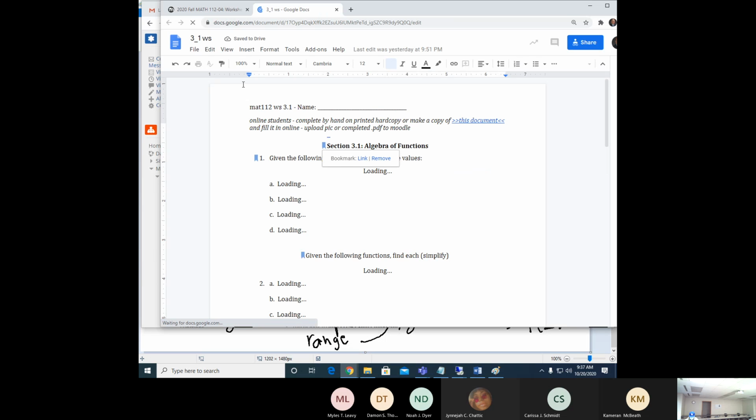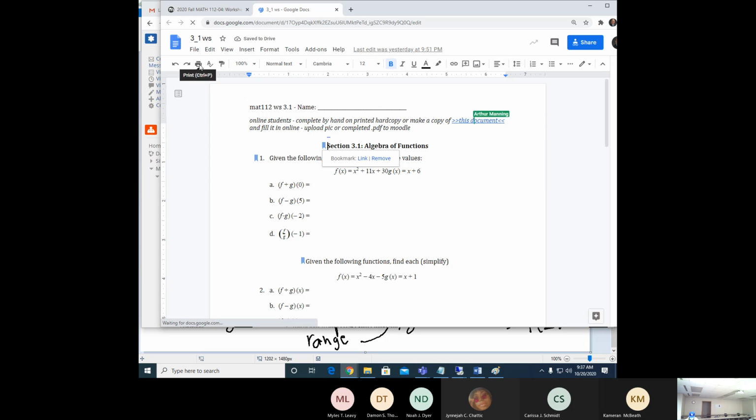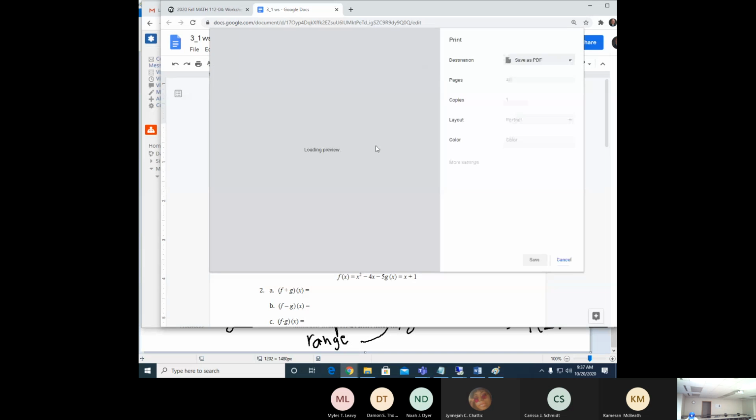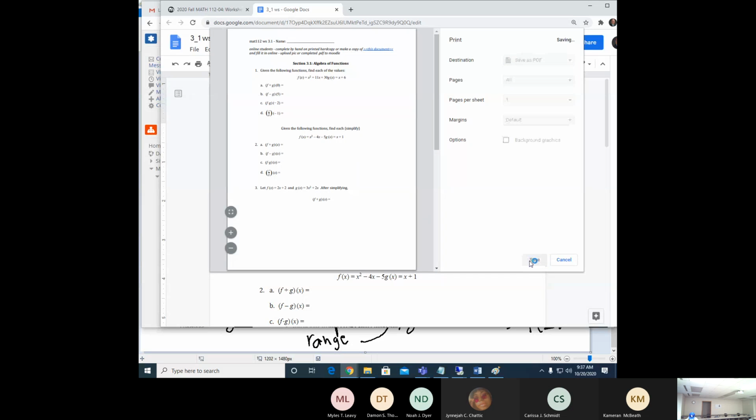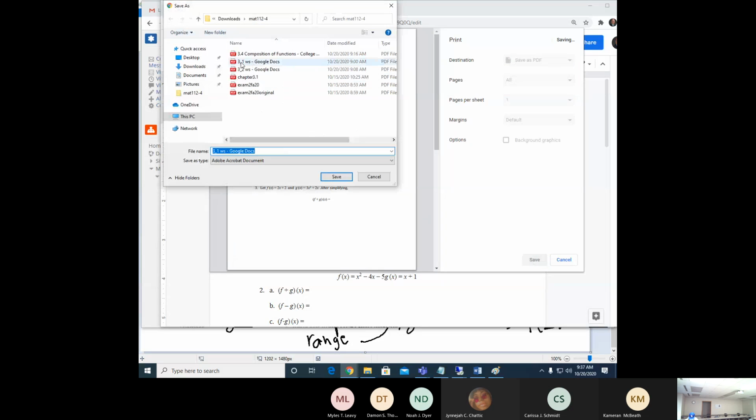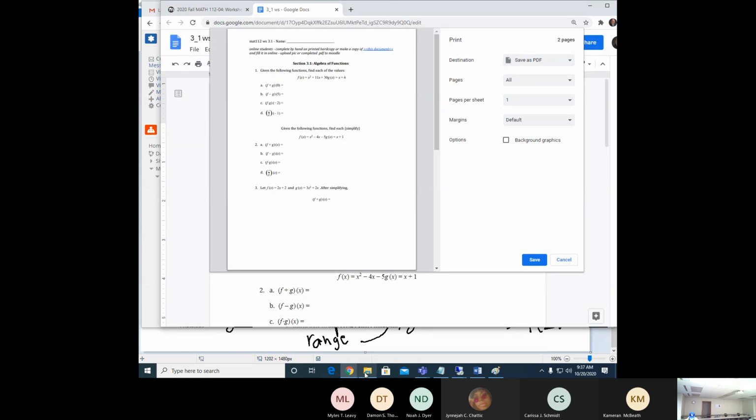Once it loads, you can print it, and I'm going to print it to a PDF. You can save that as a PDF, and I've saved it there as a PDF.